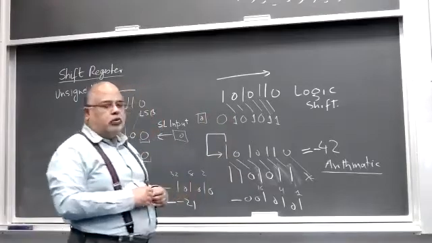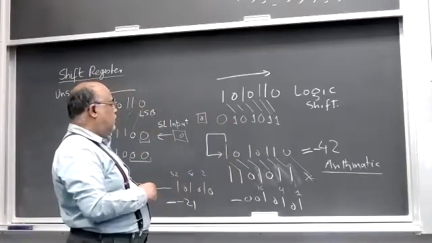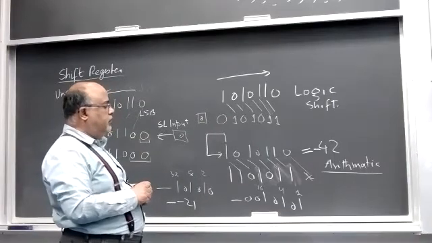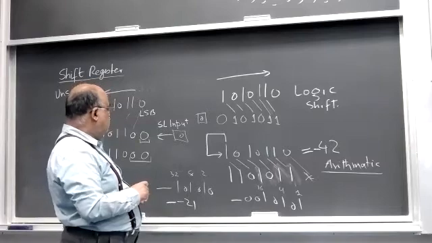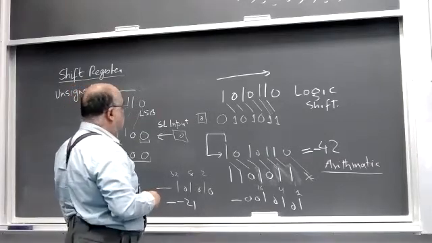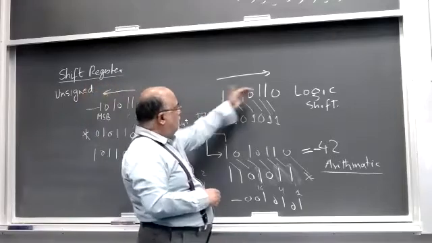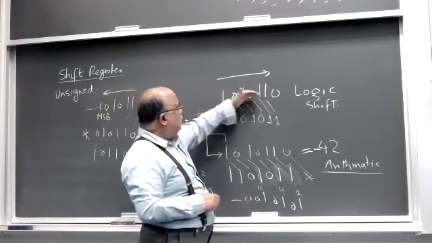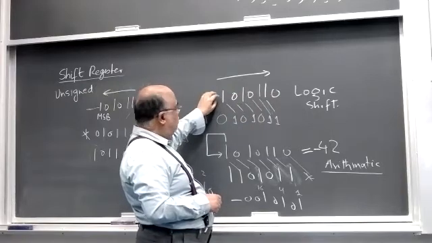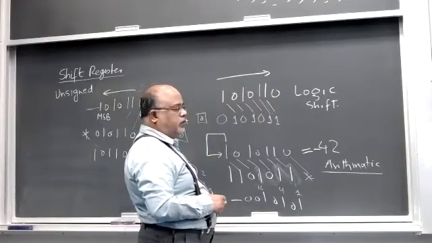The signed shift may require more than one instruction in assembly language. So that is basically shifting. Logic shift right means shifting every bit to the right, and you will have one space here where you must add a 0.